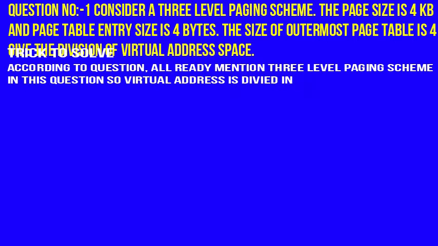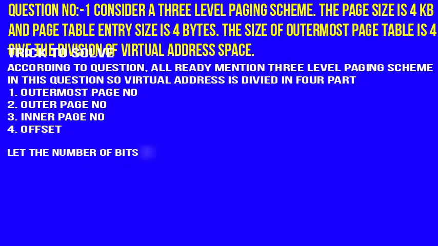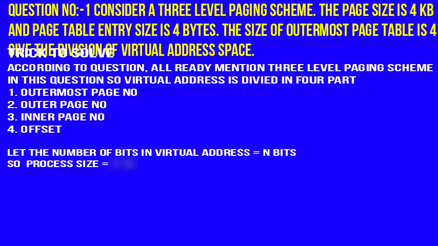So we know that according to the formula, virtual address is divided into four parts in three level paging. The topmost part is called the outermost page number, the second is called the outer page number, the third is called the inner page number, and the fourth is called the offset. Let us find the number of bits in the virtual address. Let's assume it is n bits.